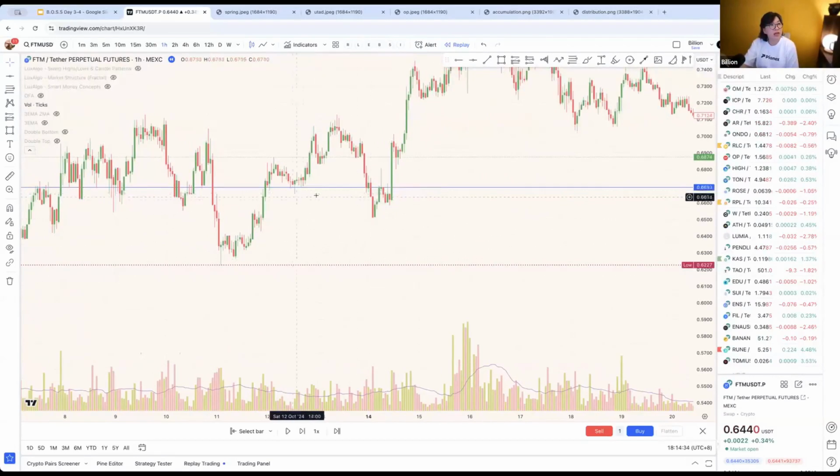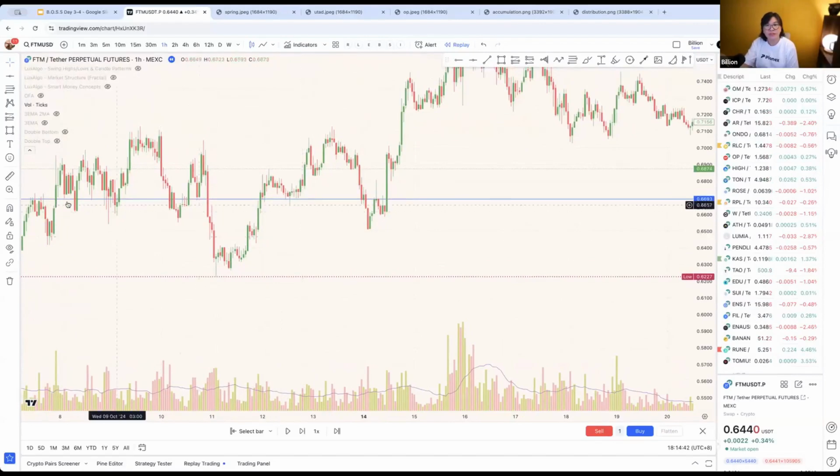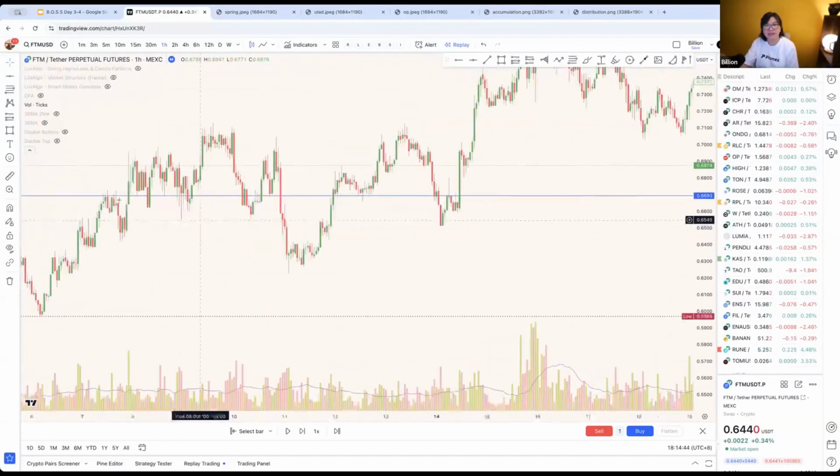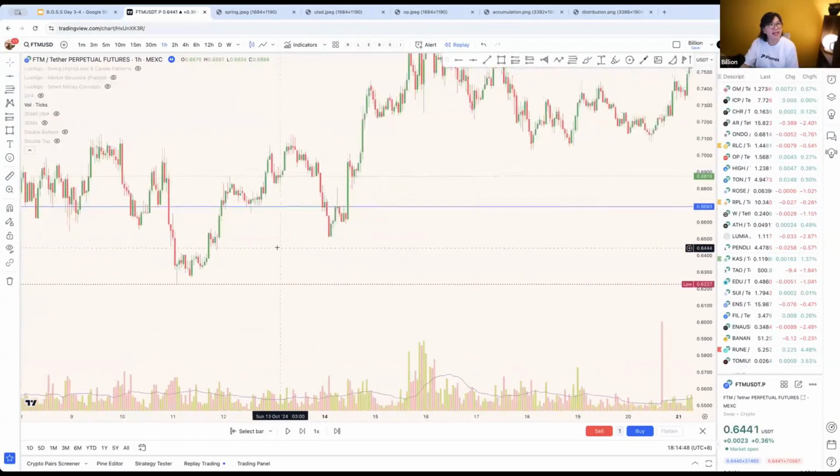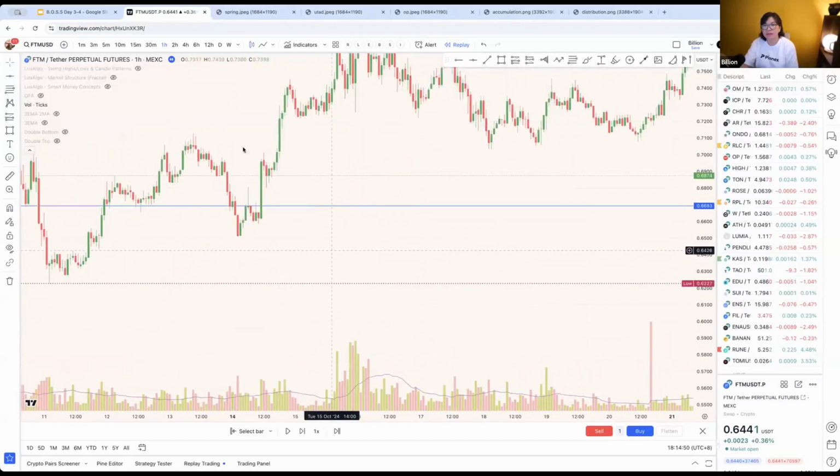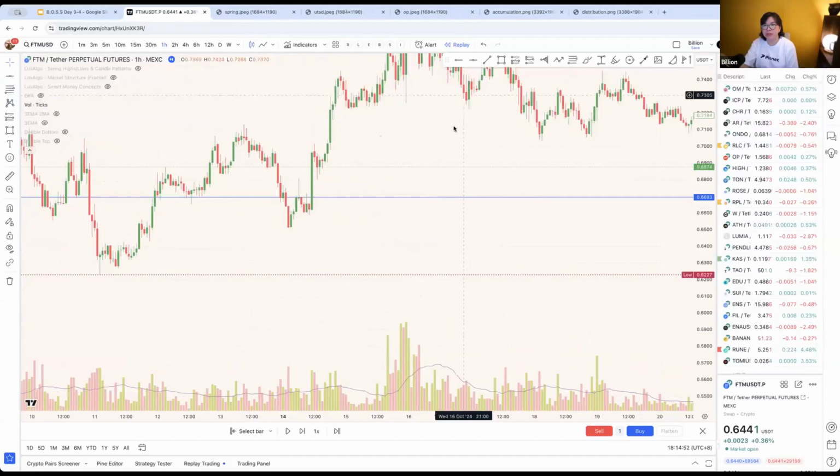This will be good. Do you agree with me? This is another level of support. So all this is actually liquidity, static liquidity. Got it? Okay, so I'm going to demonstrate this part for the spring trade.